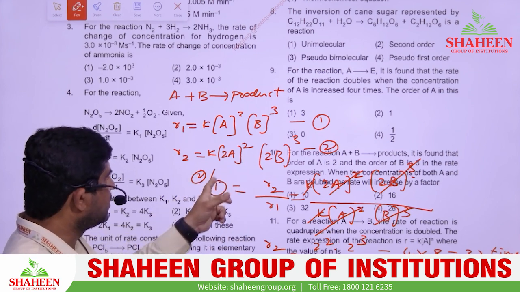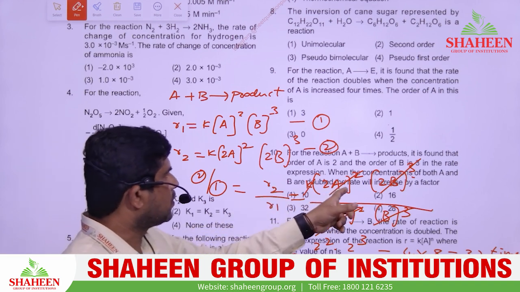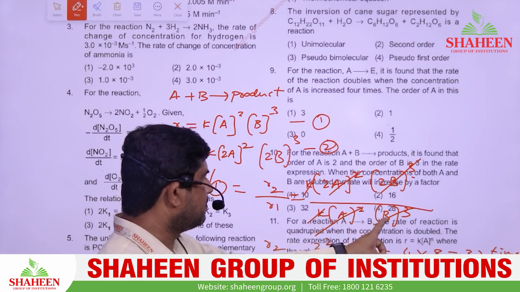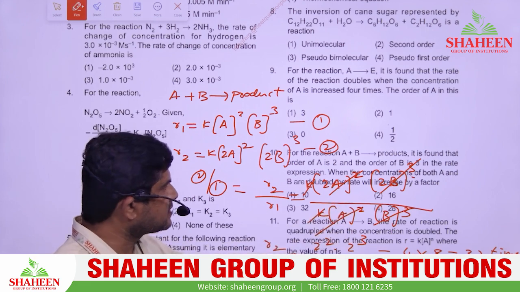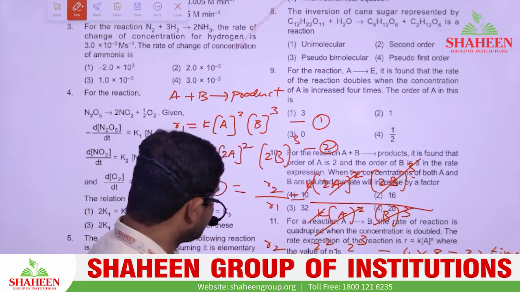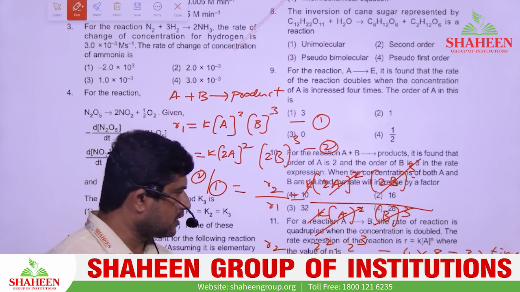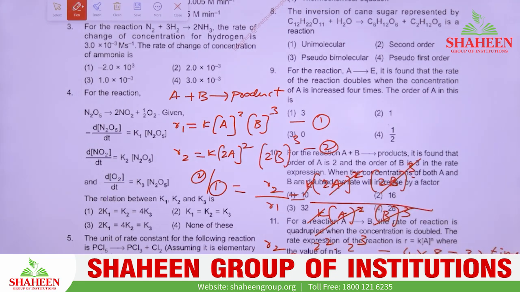So dividing equation 2 by 1, R2 by R1 is equal to K (2A) square (2B) power 3 by K A square B power 3. K cancels, A square cancels, B power 3 cancels. So R2 by R1 is equal to 2 square times 2 power 3, so 4 into 8, 32 times. So R2 is equal to 32 times R1.